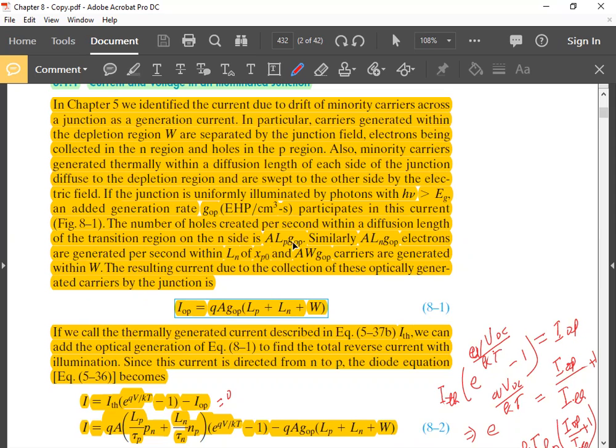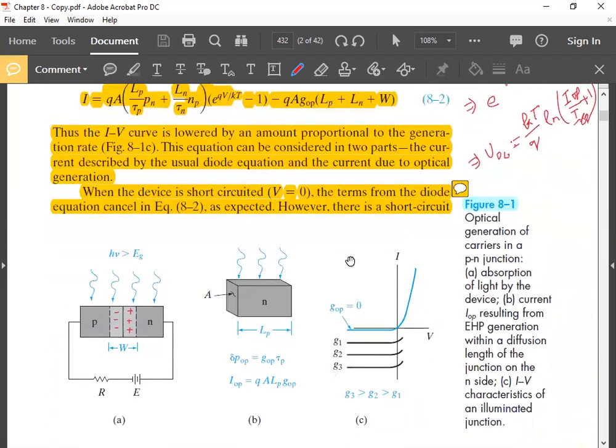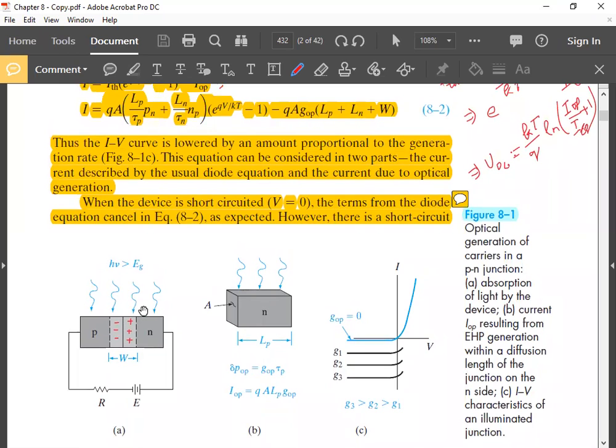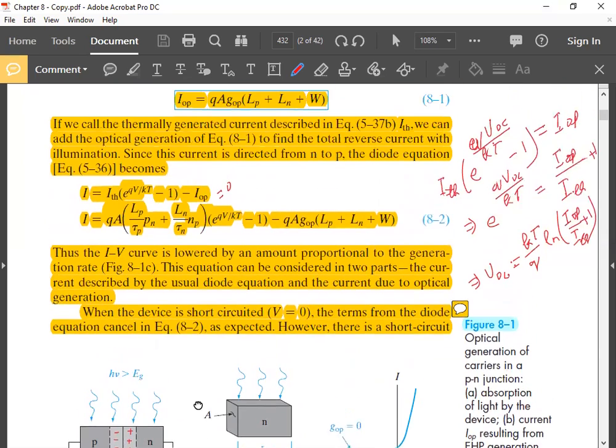And from those EHPs, you need only the minority carriers. For the N side, we need holes, from the P side, we need electrons. So A LP GOP is the number of holes created here per second because of optical absorption. Okay. So what will be the charge? Q into A LP GOP, right, per second? Yes, sir.